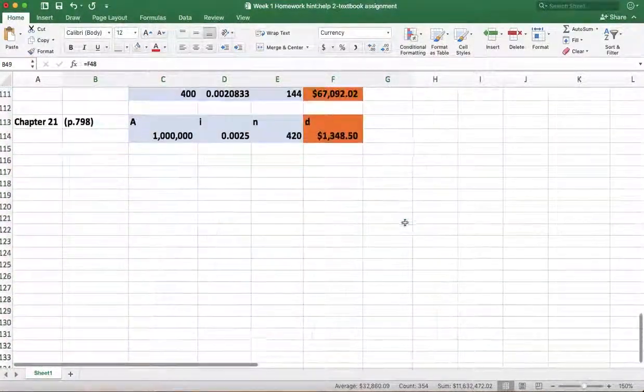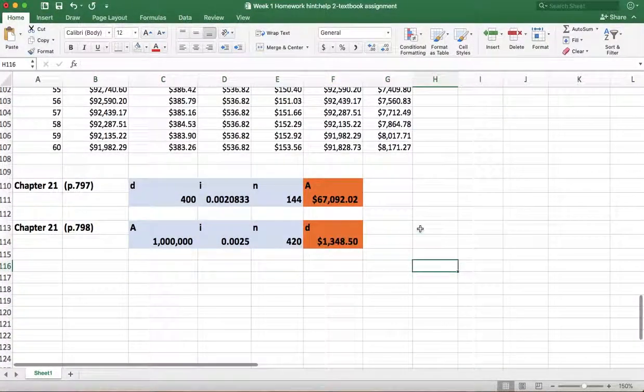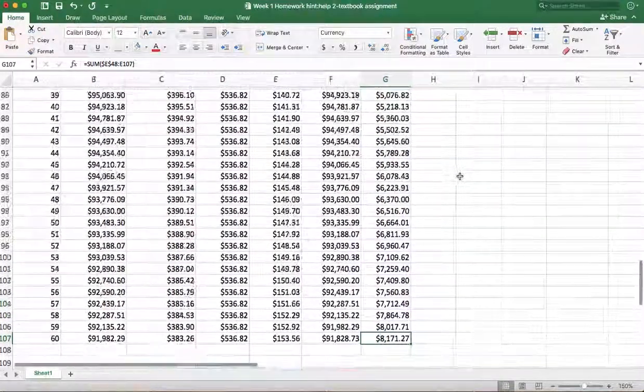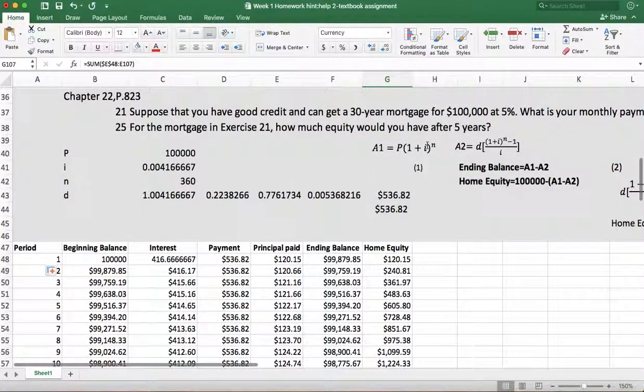We look at the last column, and the bottom number, $8,171, is the home equity after 5 years.